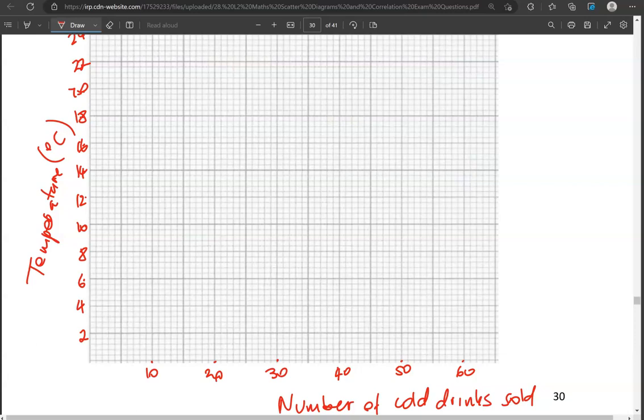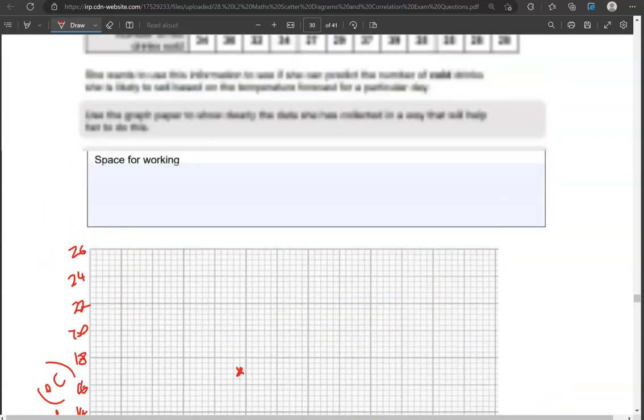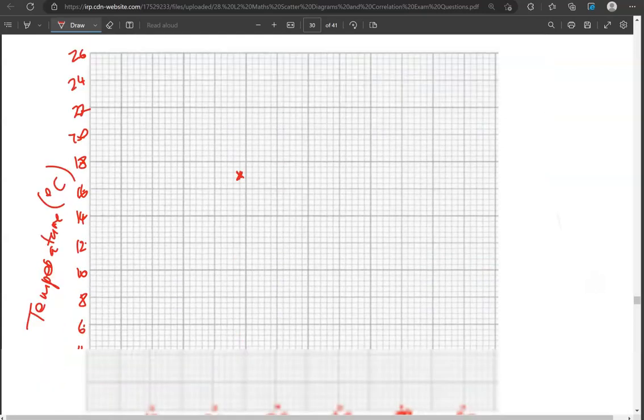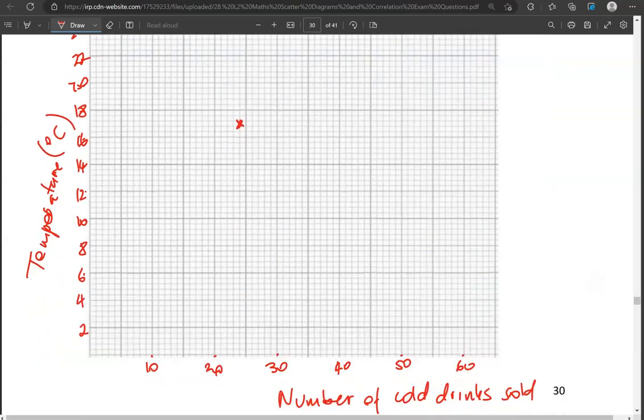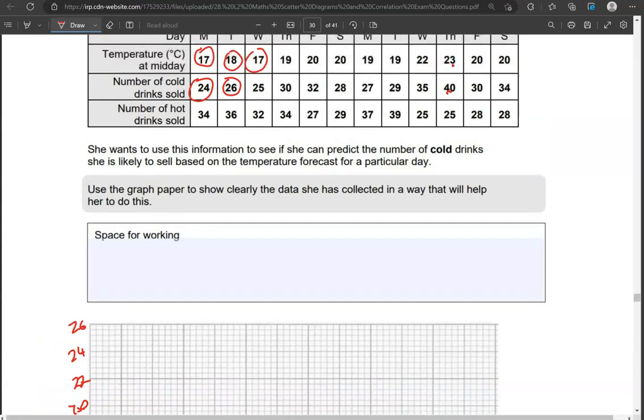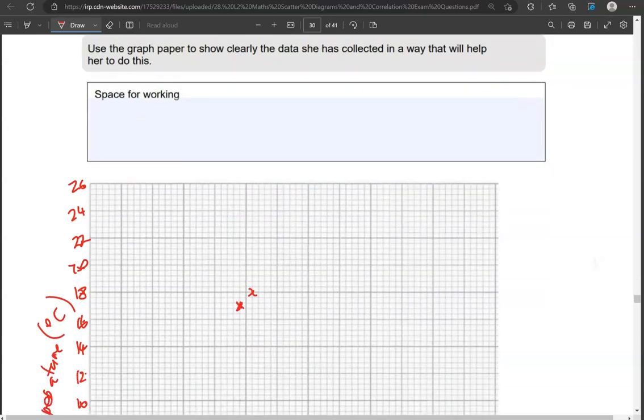So 17, 24. Tuesday, 18, 26. Wednesday, 17, 25.